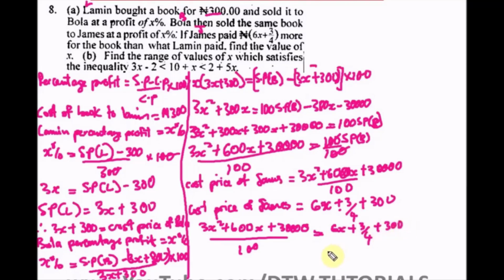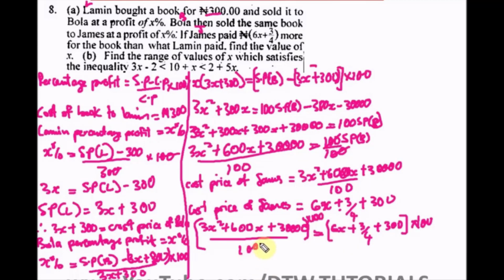To simplify this further, we multiply both sides by 100. So we're going to multiply this whole equation here by 100 and this whole equation by 100. In your book please write it properly.